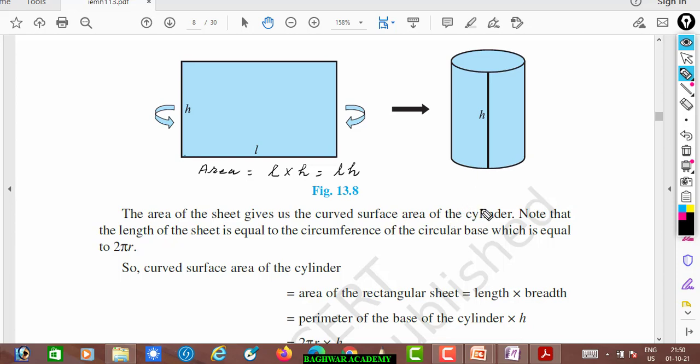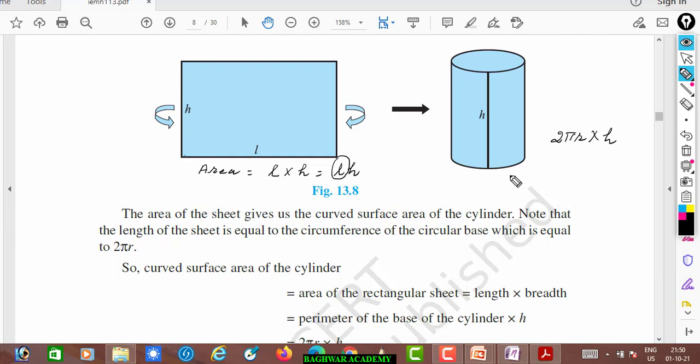So this will be the perimeter of the base of the cylinder. This will be simply 2 pi r. So the perimeter will be this L into h. H will be the same. No difference is there. So this will be h.